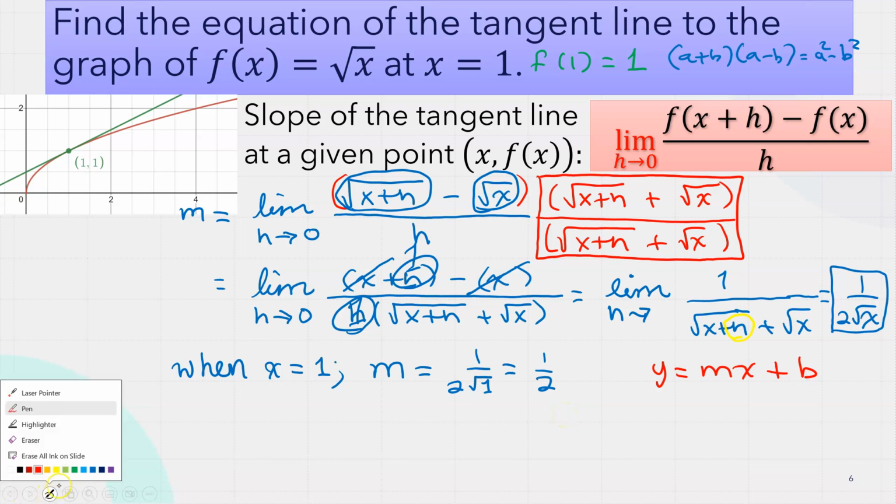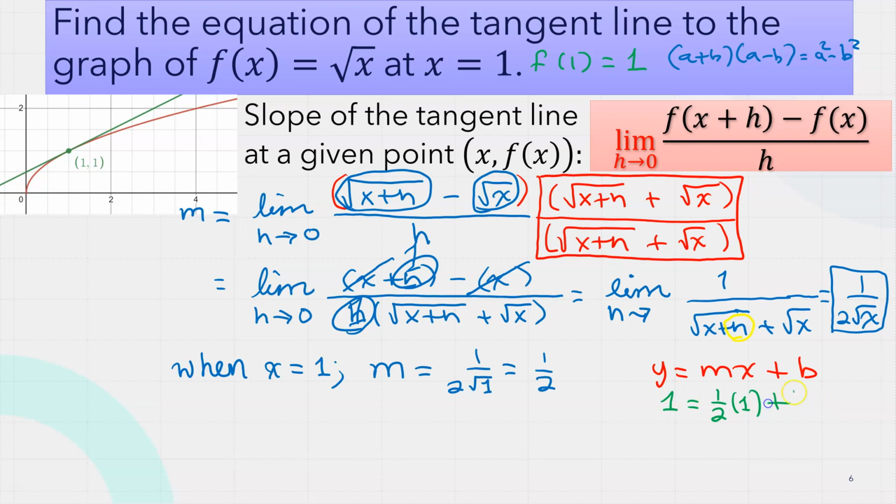M being 1/2, x is 1, and the y value is 1 plus b. So b is equal to 1/2. So then the equation of this tangent line is y equals 1/2 x plus 1/2.